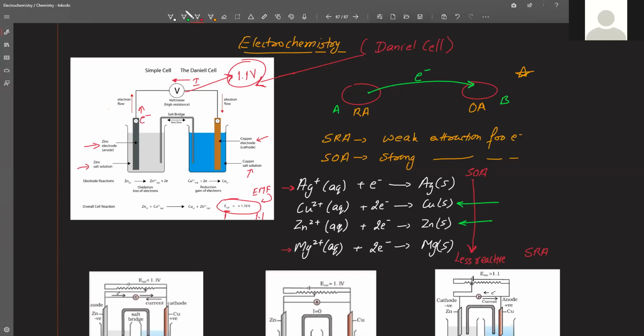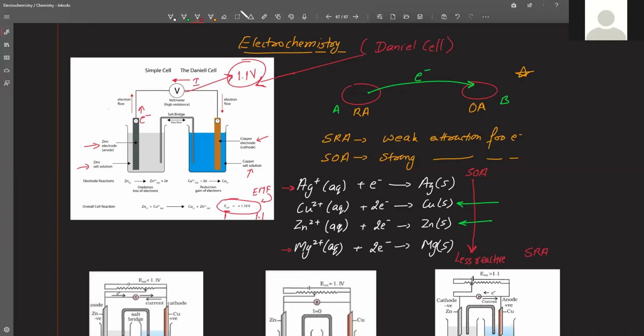Now, the overall reactions, if you see the electrode reactions, that is at anode and cathode. So how do we know which is anode or cathode? That we derive from here by observing the direction of current. So the direction of current is from copper electrode to zinc electrode. That means electron is flowing from zinc electrode to copper electrode.